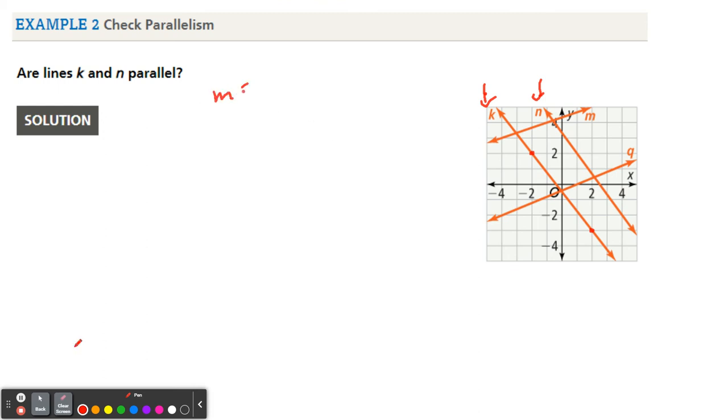You can do y2 minus y1 over x2 minus x1, but you can also just count the rise and the run. So for the slope of K, from here I'm going to go down 5 and right 4.